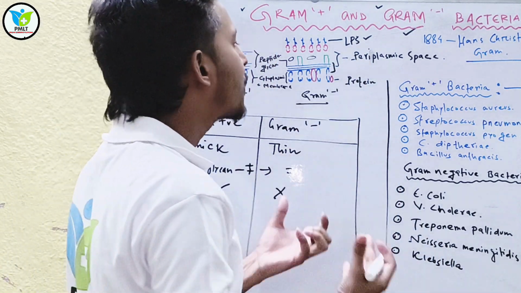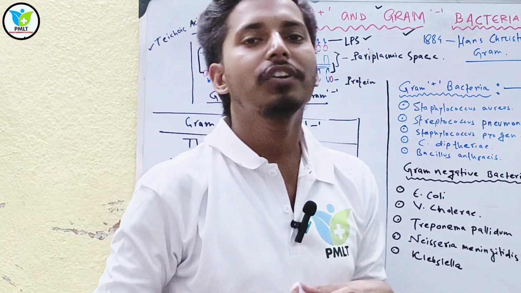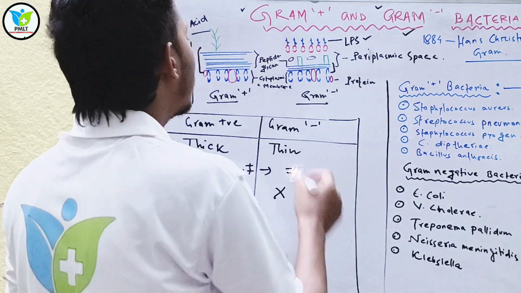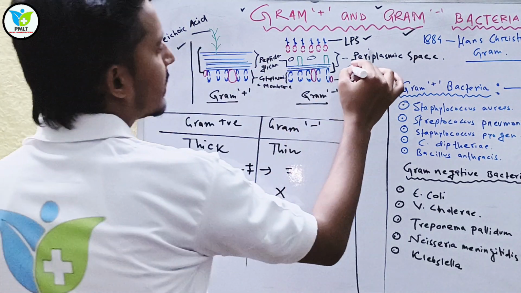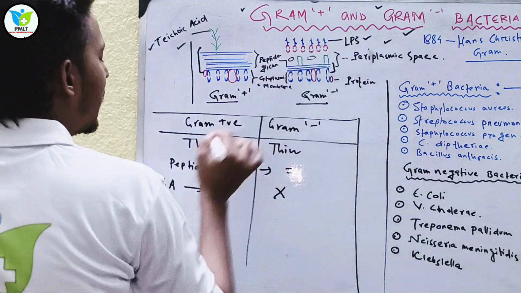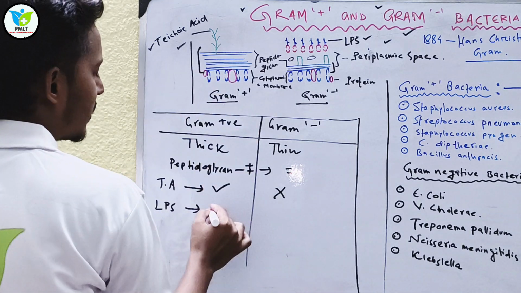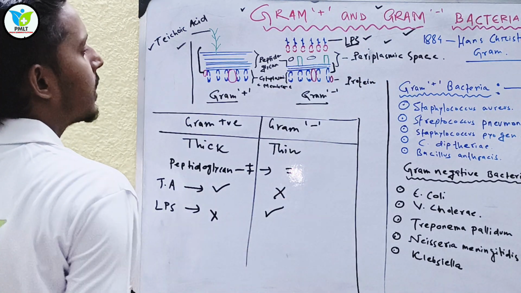It basically helps to create this membrane. Basically, the differentiation of gram-positive and gram-negative bacteria comes down to cell membrane differentiation. That is the cell membrane of gram positive, and that is the cell membrane of gram negative. LPS is absent in gram positive, and present in gram negative.